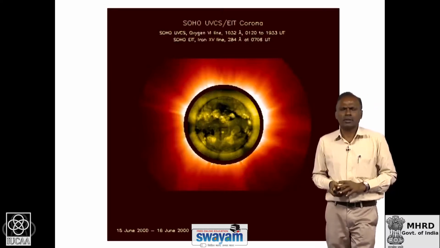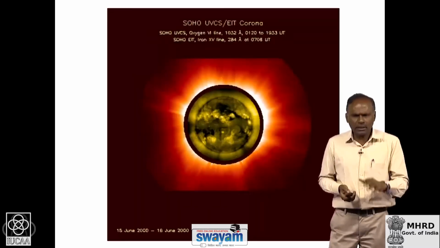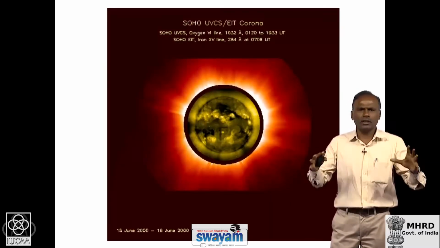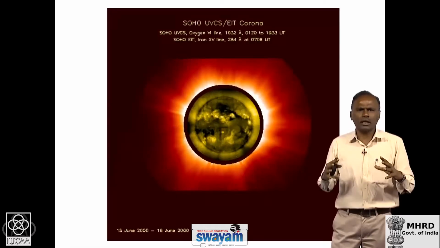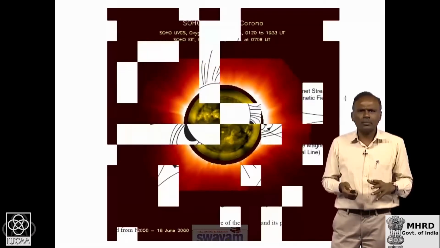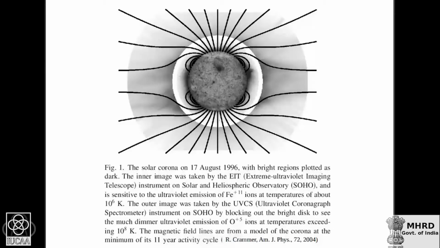Okay. The previous picture shows the corona during the solar minimum. For example, in the minimum corona, you see an open field configuration on the solar north pole as well as the south pole. So, the corona looks somewhat like an ellipsoid shape.